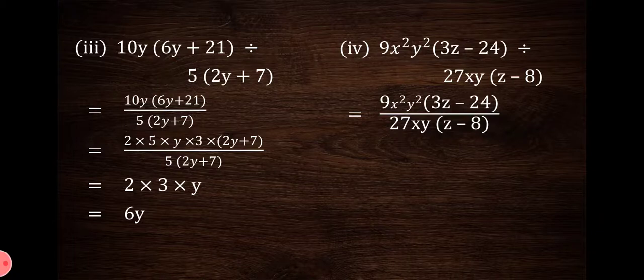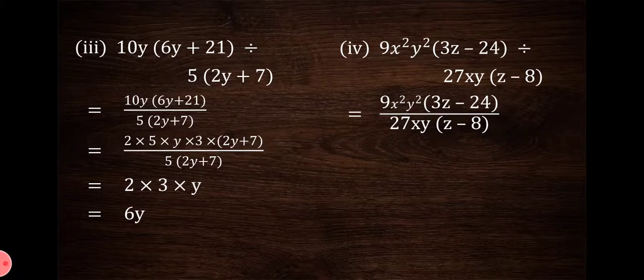Now along with making the factors, we will see whether anything is common or not. Yes, in the numerator you can see that in the bracket, the terms which are given, that is 3z minus 24, we can take out 3 common, because 3 and 24 both come in the table of 3.